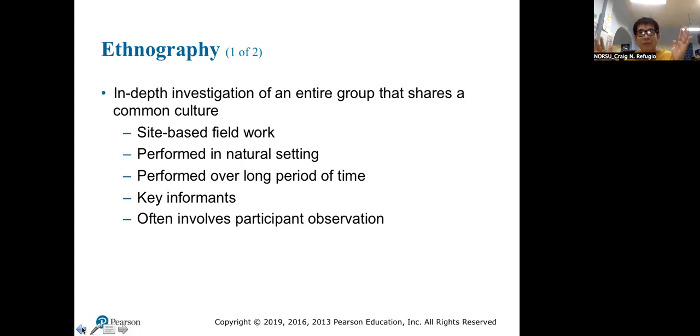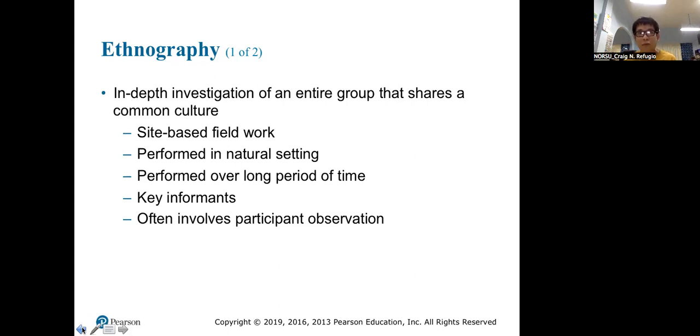The Subanen are a tribal group in Zamboanga del Norte and in Mindanao in general, so that could be part of the ethnographic research design.